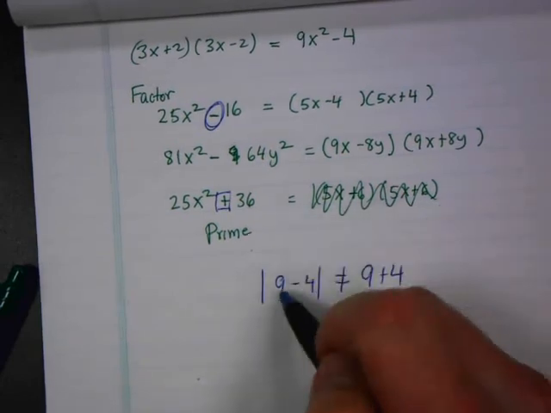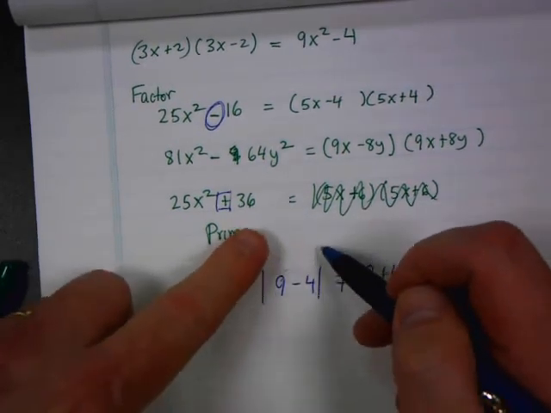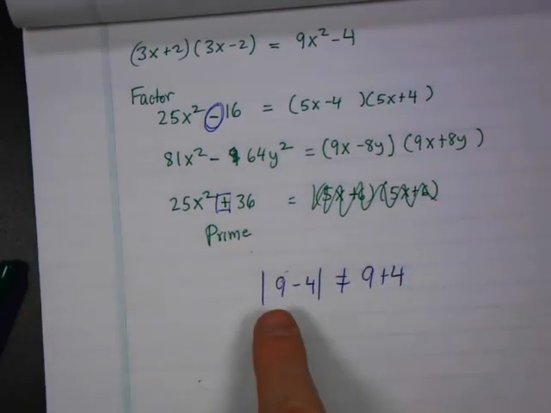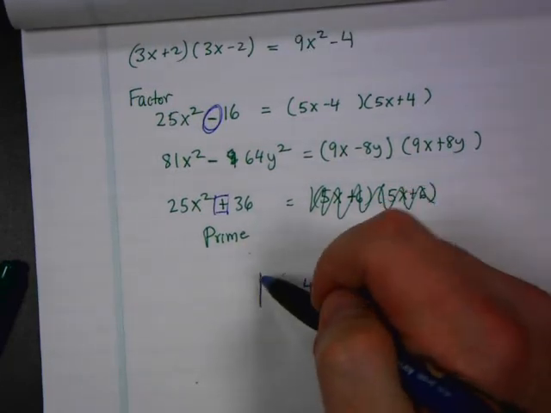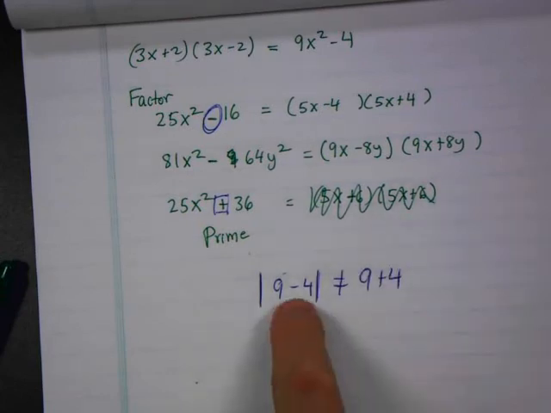When you have things added together and you have absolute value around them, the absolute value doesn't just make each one of them positive. Absolute value doesn't work that way. Absolute value is a parenthesis. You've got to do inside the parentheses first. So what is the absolute value of the whole problem?